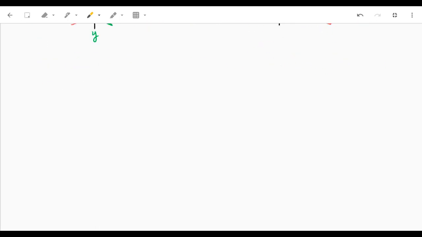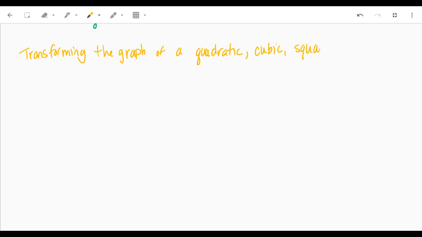Okay, next one, we have transforming the graph of a quadratic, cubic, square root, or absolute value function.